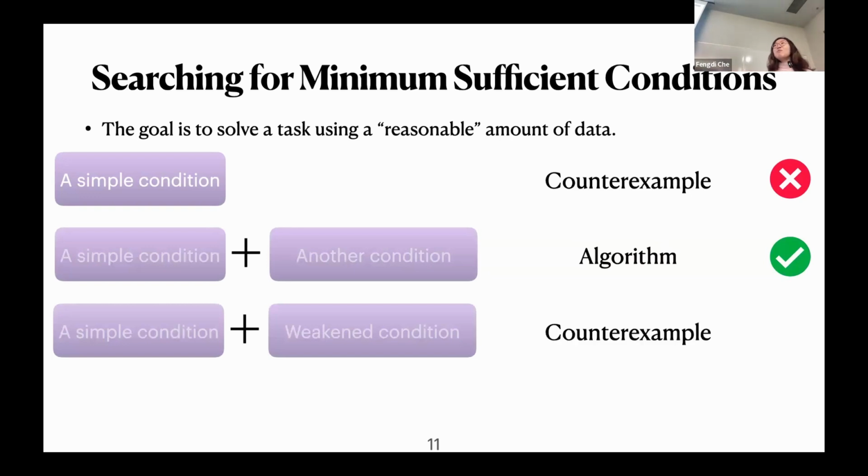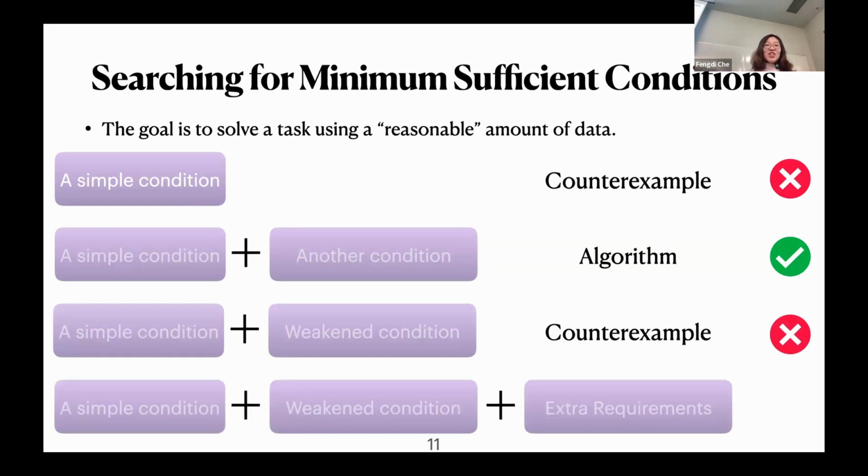Then theory people may encounter a counterexample again and say, okay, when we try to weaken it, it's not working again. So what do people do? Let's give extra requirements on this weakened condition, and then find an algorithm which works again. People just keep repeating this pipeline, searching for minimum conditions so that we can find an algorithm to solve the task using a small amount of data.